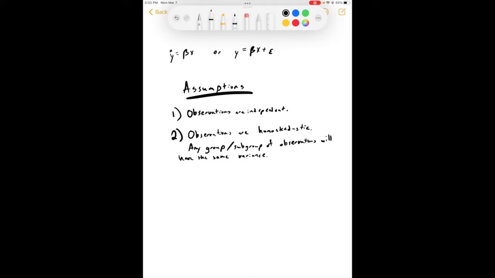Mathematically, we translate this to the variance of y given x is equal to sigma squared, which is a constant. It doesn't depend on x.